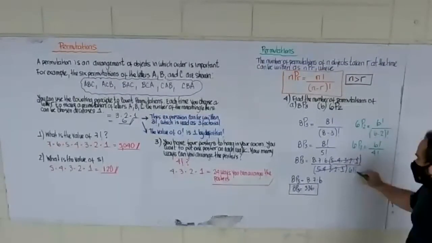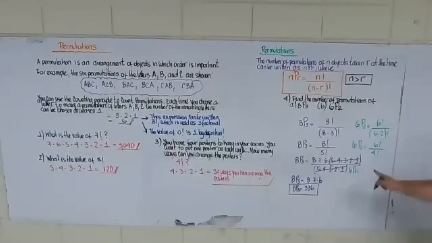La misma cosa. 6 factorial, lo mismito, solo que con otro número. La respuesta va diferente porque son diferentes números, pero el proceso es el mismo. Tiene que ser diferente porque no es lo mismo 6 entre 4. Aquí era 6, 2. 6 le quita 2 es 4.